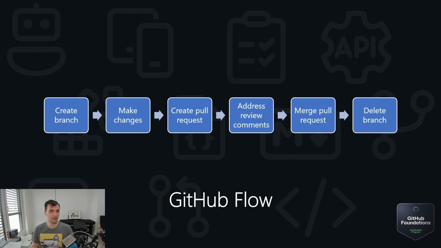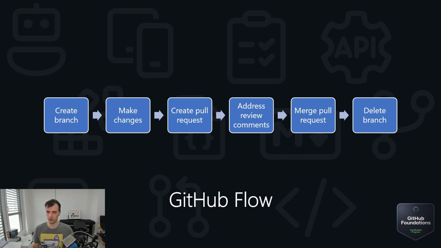When they provide some review comments and something is not up to their liking, you can then address those review comments. And when everything is okay, your pull request or your branch is merged into the main line of development, and your feature branch is then deleted.